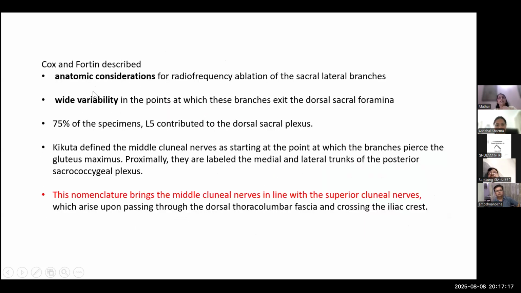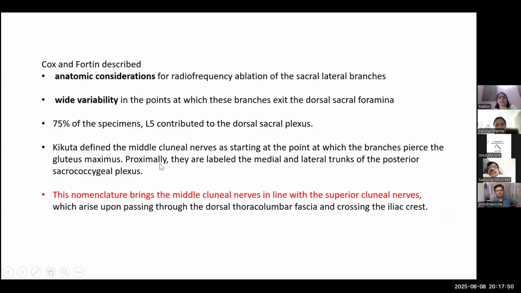So Cox and Fortin describe the anatomic considerations for radiofrequency of these branches. There has been a wide variability in the points at which these branches exit the dorsal sacral foramina. In almost 75% of the specimens, it's been seen that L5 contributed to the dorsal sacral plexus. Kikuta defined the middle cluneal nerves as starting at a point at which the branches form the gluteus maximus.